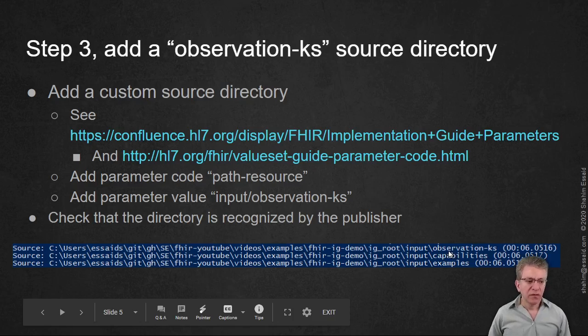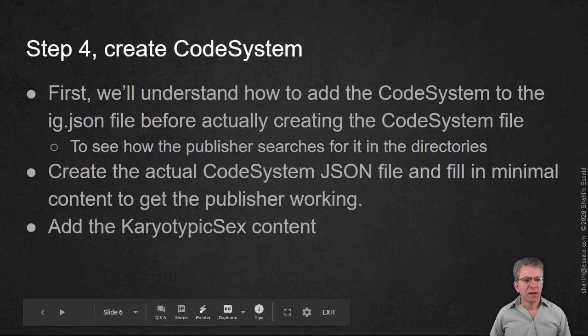And I think the folders get listed in the order that you specify them in the ig.json file. And the ones you specify there come before the default ones. And I'm showing you here a little bit that this is the first folder that it's looking for, and then it's going on to look through the other folders.